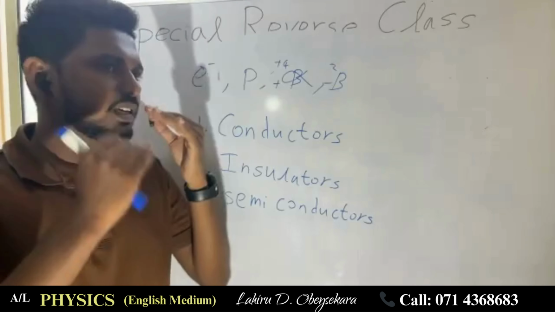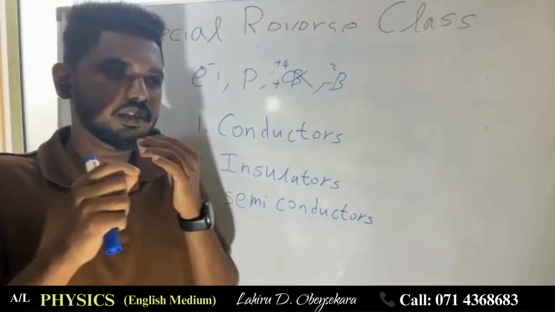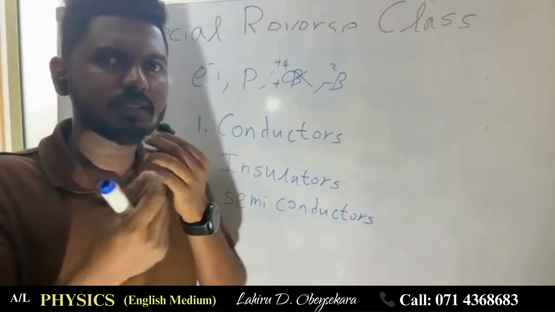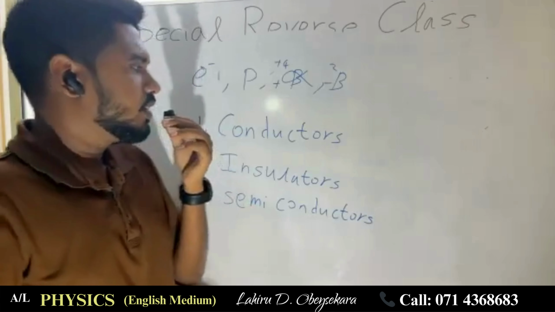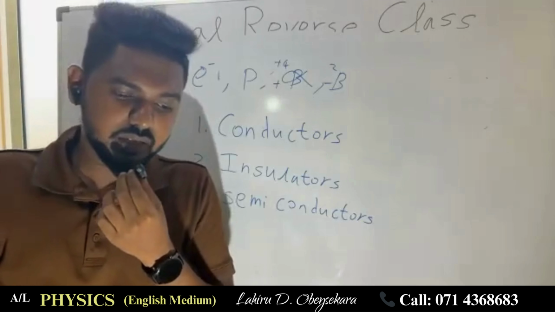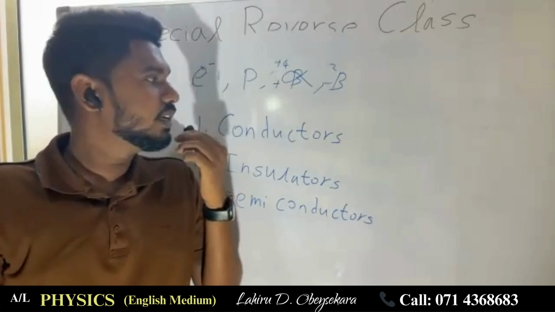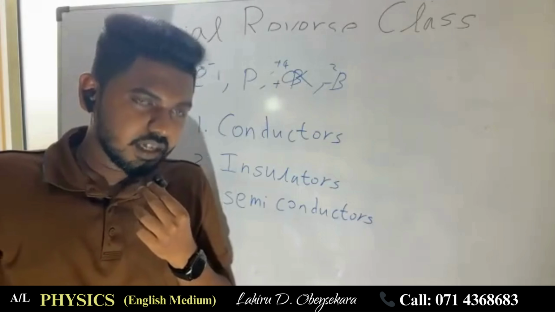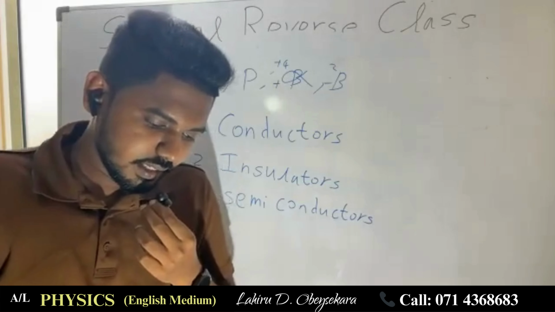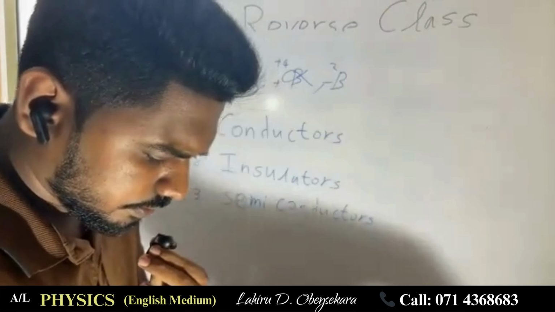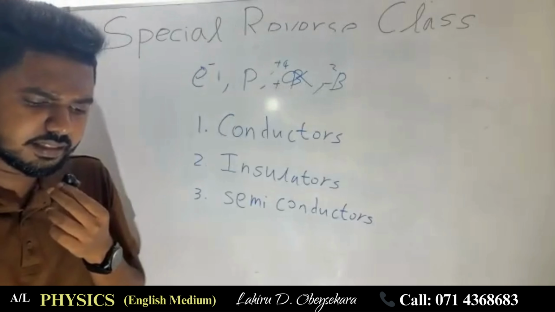So it has some intermediate behaviour. So conductors, insulators, and semiconductors. First of all, we have to learn about these three. So below in our topic, let's start our note. Let's write these things.